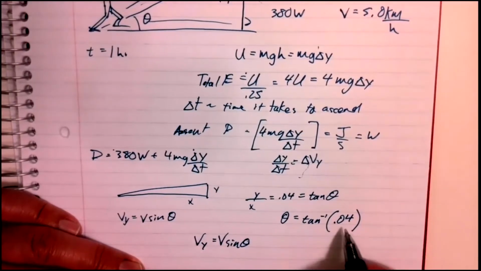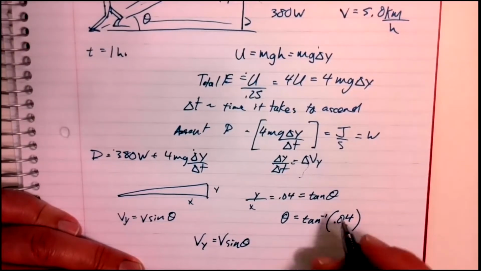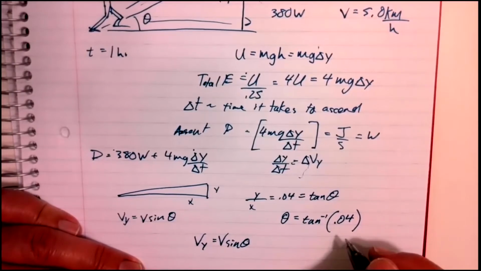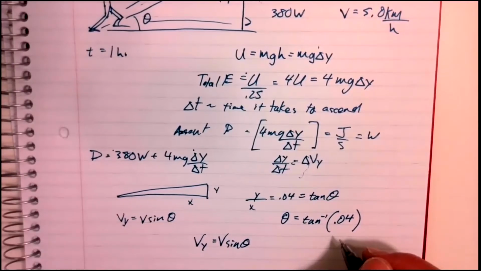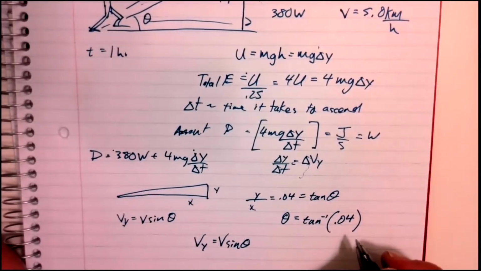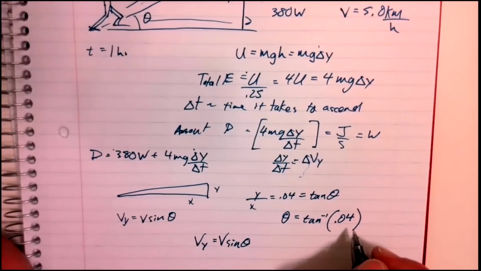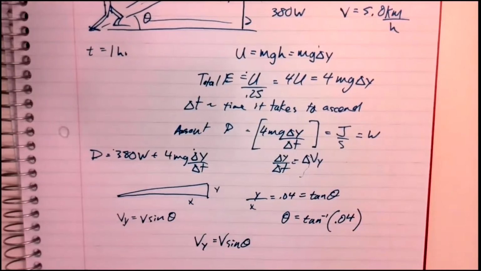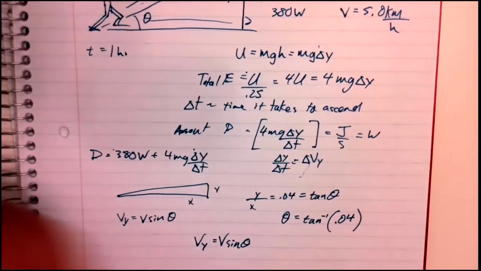We know what theta is now, so we can plug it in here. Actually, for very small angles, sine and tangent are equal, but that's okay. We're going to compute the angle and do it the hard way.